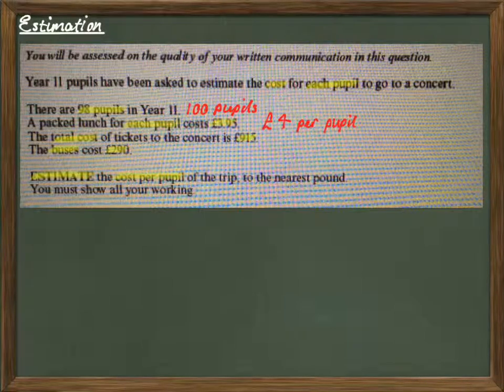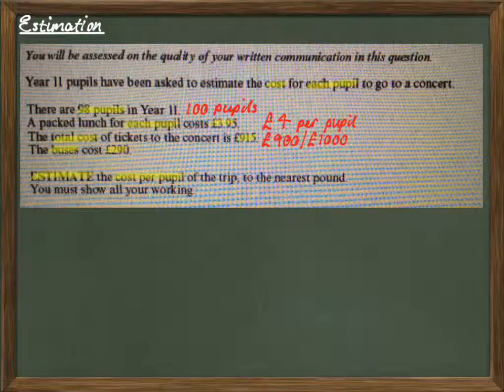Next one, total cost of the tickets to the concert. This is for everyone now. So for all them 100 pupils, 98 pupils, whatever it is, they all together, if you add up all their money, have to pay £915. Not a nice number to work with, so I'm going to round it. You've got a choice here. I personally round it to £900, but you can also round it to 1,000, okay? You can see you can be quite flexible in the way you round it, okay?